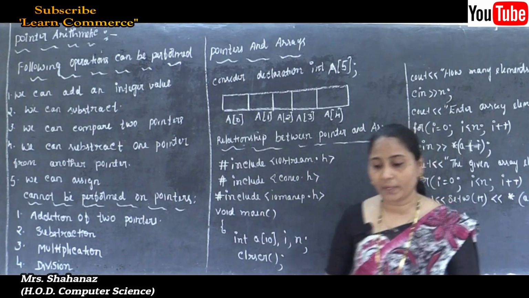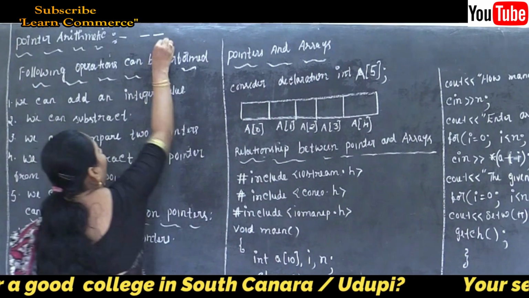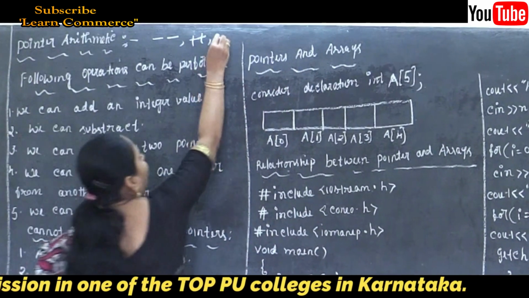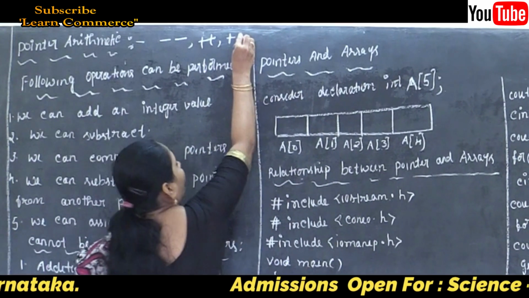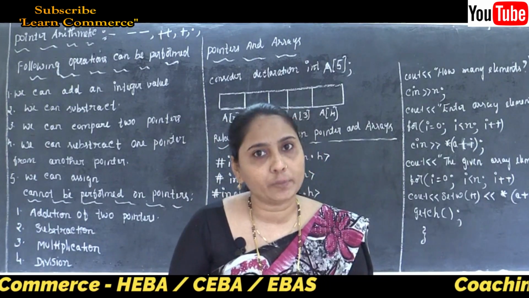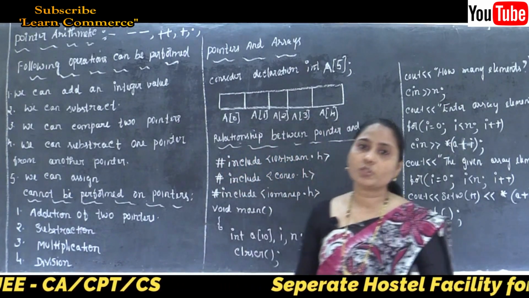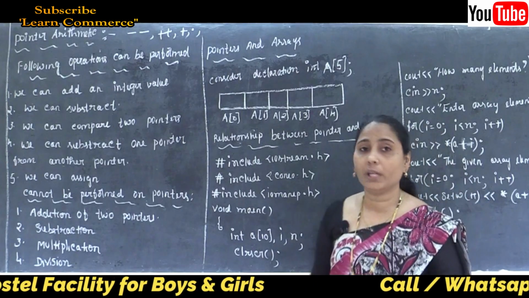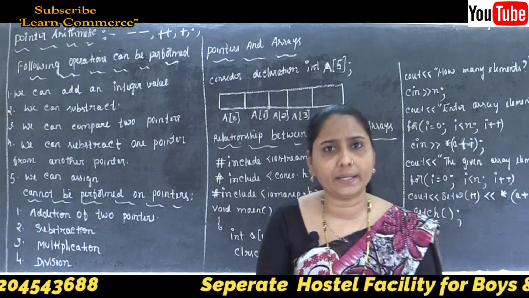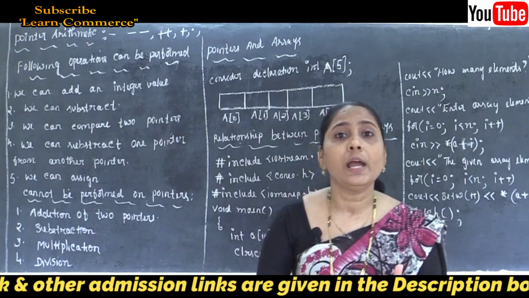The operators are: the decrement operator, written as minus; the increment operator, written as plus; the third operator is the plus operator; and the fourth one is the minus operator.